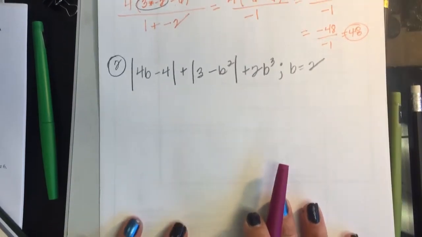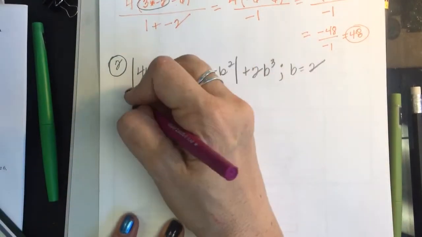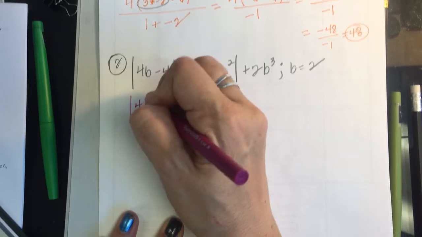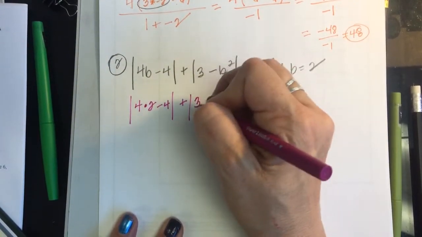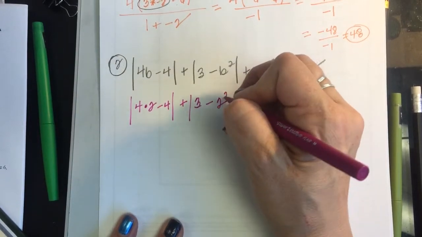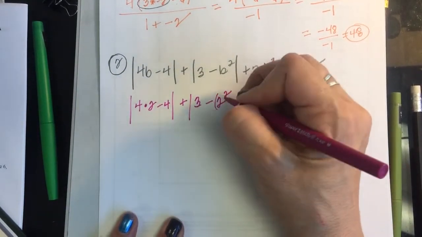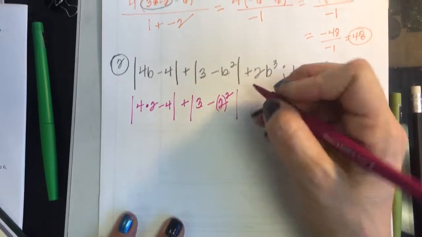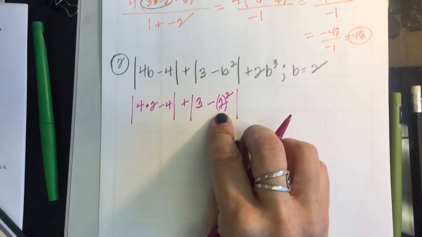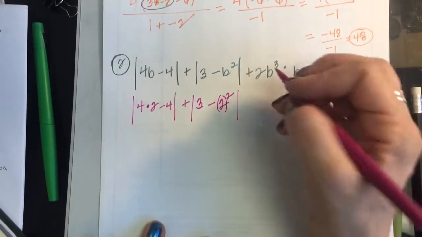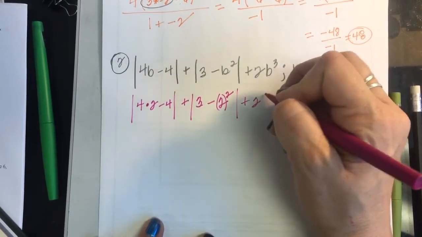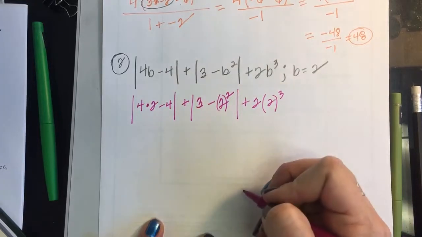So the absolute value of 4 times 2 minus 4 plus the absolute value of 3 minus 2 squared. I'm dropping that parentheses in there because this is subtraction out front of it, and I don't want there to be anything wonky happening with that. 2 times 2 to the 3rd.